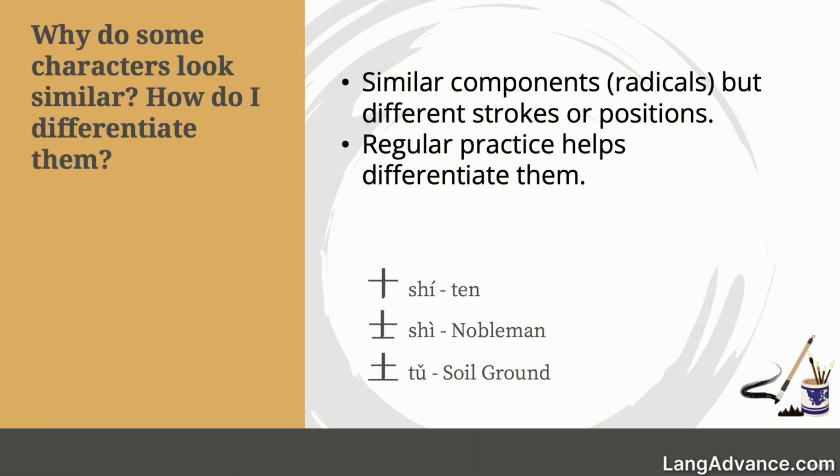So the 士, the top line is longer than the bottom line. This is 士, whereas 土, let's use a different color. The top line is shorter than the bottom line.